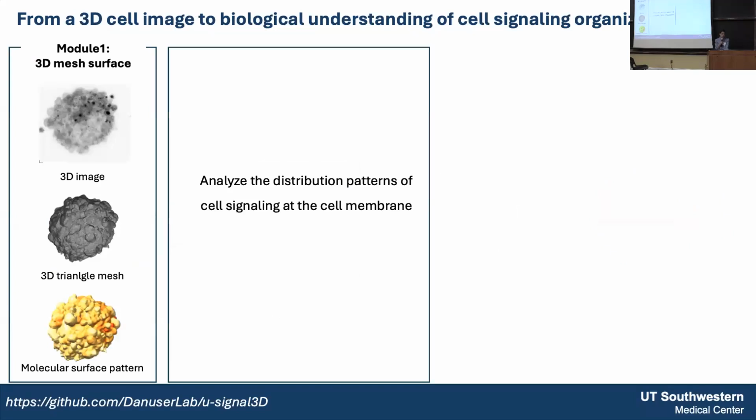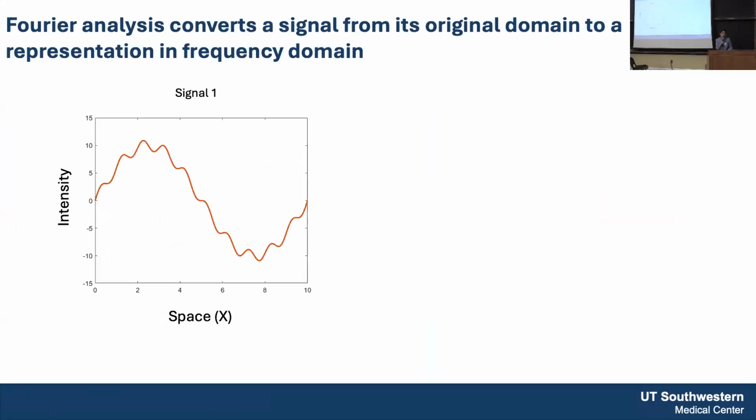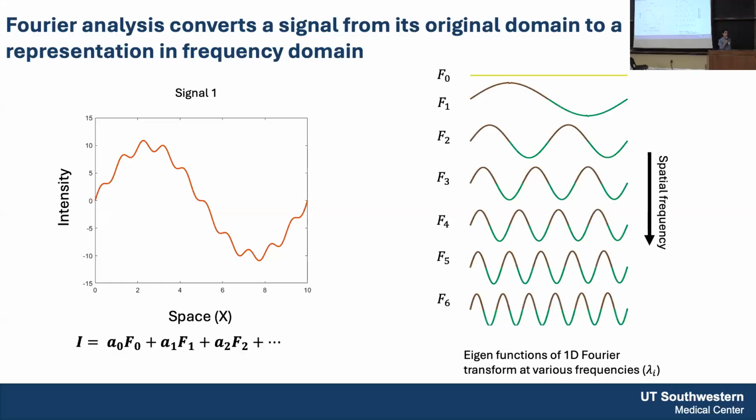The second one is how we can parameterize this pattern in 3D. The idea is similar to the Fourier transform. I hope most of you are familiar with it, but just a brief introduction: in the Fourier transform, we have a series of sine and cosine functions from low frequency to higher frequency.